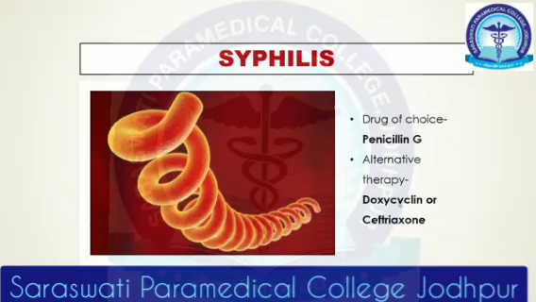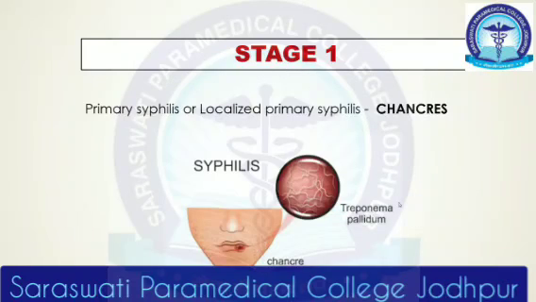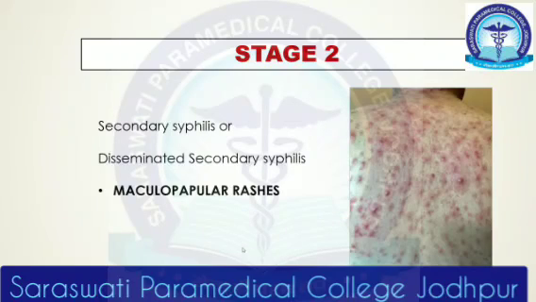So let's talk about the stages of syphilis. See, syphilis is divided into three main stages. One is primary syphilis, or you can call it localized primary syphilis. This stage produces hard chancres, right? Going to the second stage, called secondary syphilis or disseminated secondary syphilis, which produces widespread maculopapular rashes.